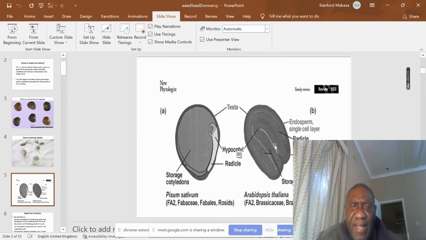Please remember that it is the cotyledons which store food reserves, which are going to be used by this radicle in order to get outside the seed, or the food reserves will drive the germination process. And outside the seeds, there's this testa which has to be broken by the radicles as they germinate.